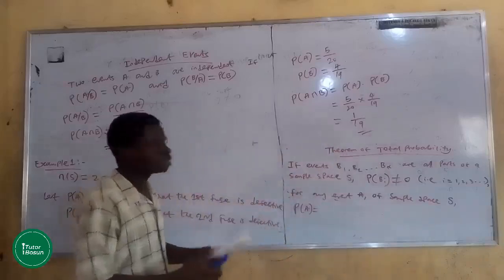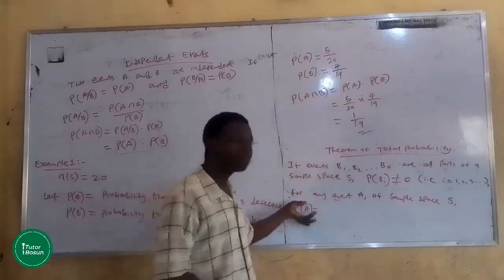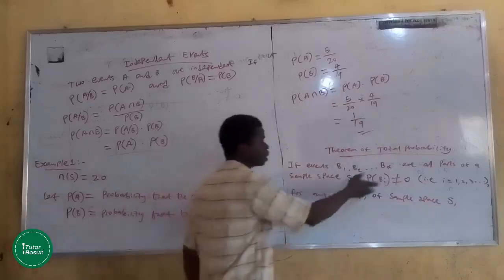What it's trying to say is that B1, B2, B3 and the likes all contribute to the total probability, all contribute to event A, and they all belong to the sample space.